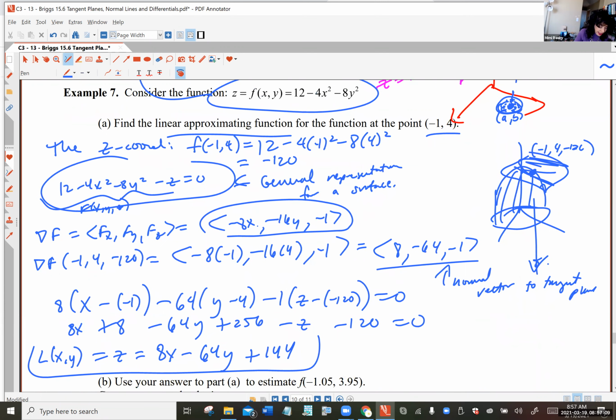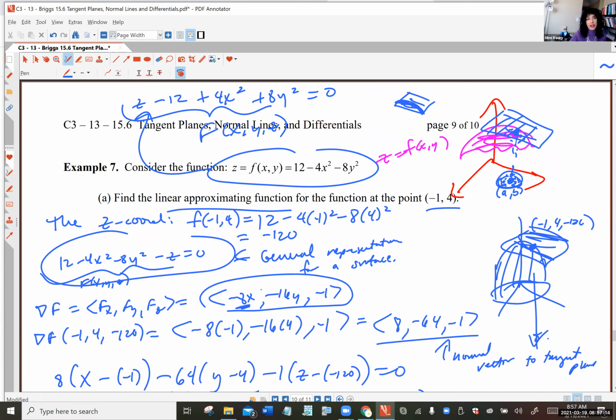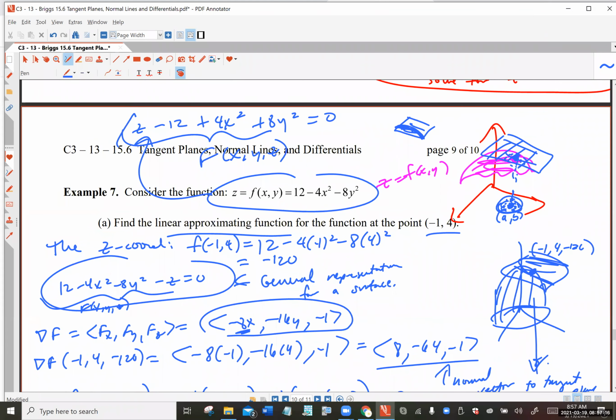Where your first partial with respect to x will be a positive 8x. Do you see why? Mm-hmm. And then your first partial of f with respect to y would be a positive 16y. And then what would your first partial of f with respect to z be? +1.